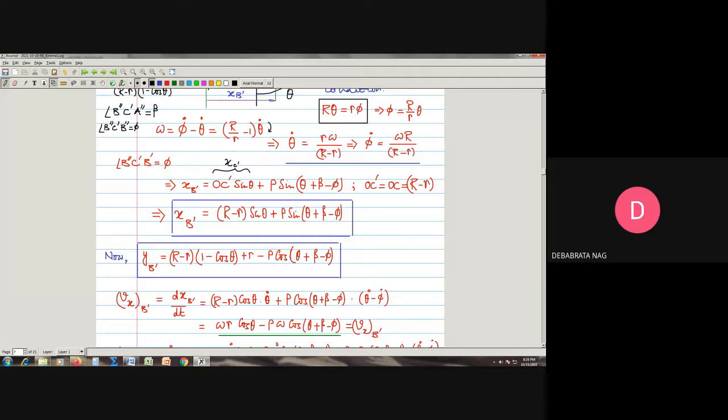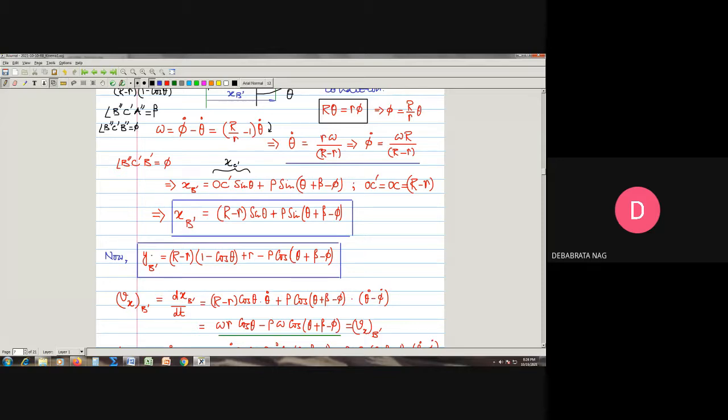So in place of R minus r into theta dot, we can write omega r, and then cos theta comes. Note that theta dot minus phi dot is basically equal to minus omega. So I put minus omega. So it becomes minus rho omega cos theta plus beta minus phi, and that definitely will give me the x component of the velocity of the point b prime.